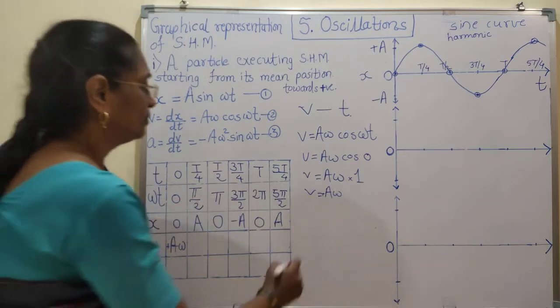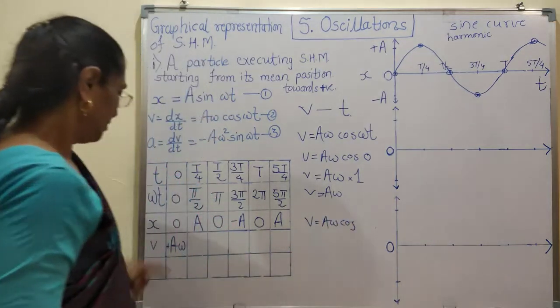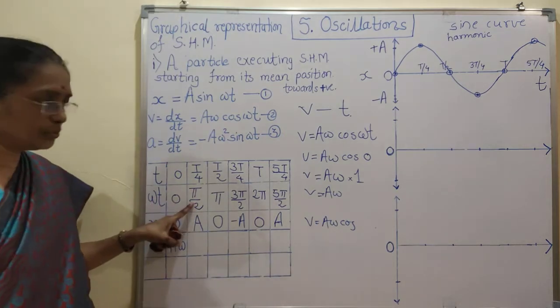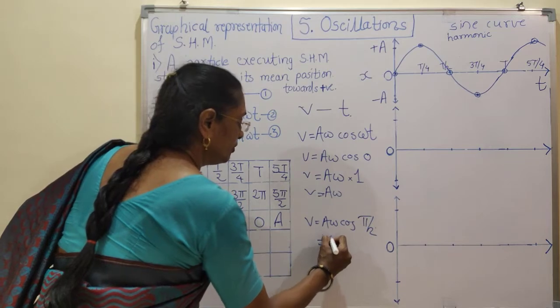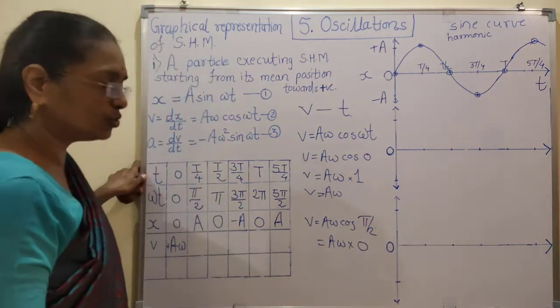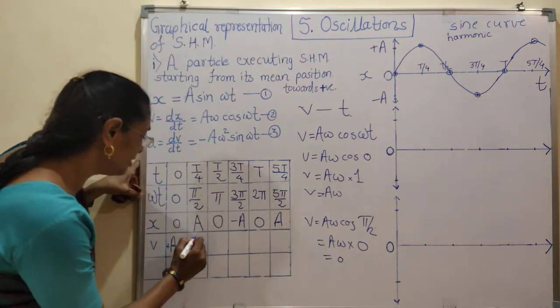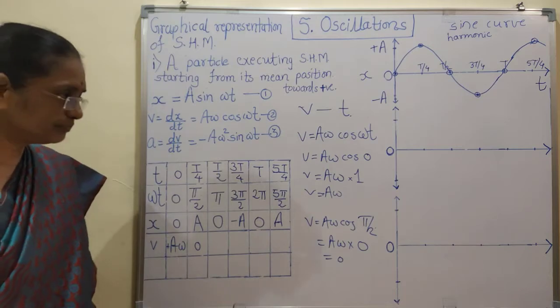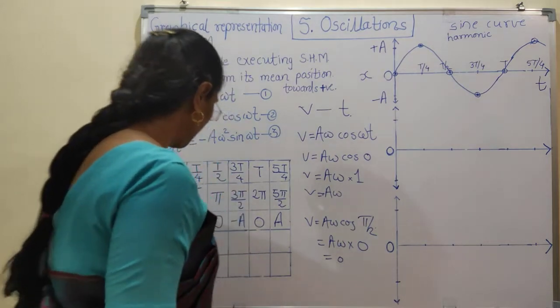The next value, v is equal to a omega cos omega t, with omega t equal to pi by 2. Let's substitute it here. So a omega into cos pi by 2, which means cos 90 is 0. So the second value we can enter here as 0. Simple calculations are there.